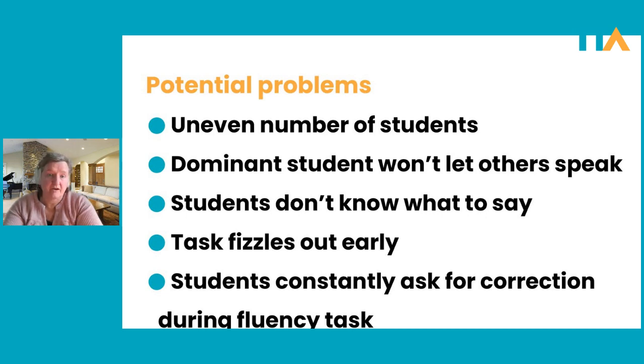Or they just dry up early. Or they might ask you to correct everything during a fluency task. Okay. Right. So yes, M said uneven number can lead to three in a group and one may not have a chance to speak. Yes.